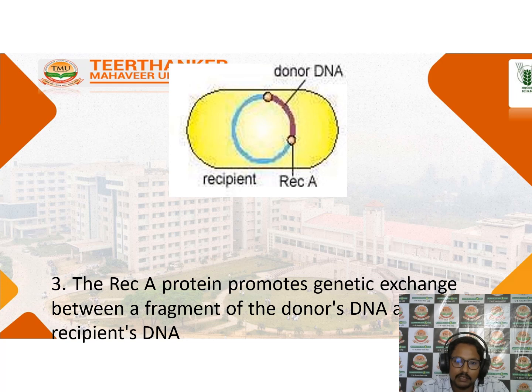And finally, with the help of RecA protein, this donor DNA will be integrated into the recipient DNA. In that way genetic diversity takes place, and it leads to genetic recombination in bacteria.